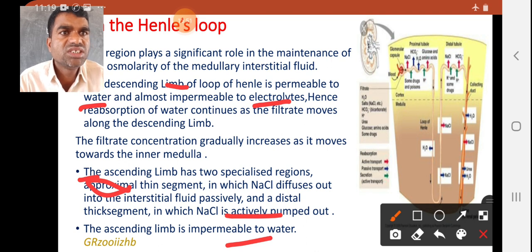See in this diagram, this is the glomerular capsule and blood.